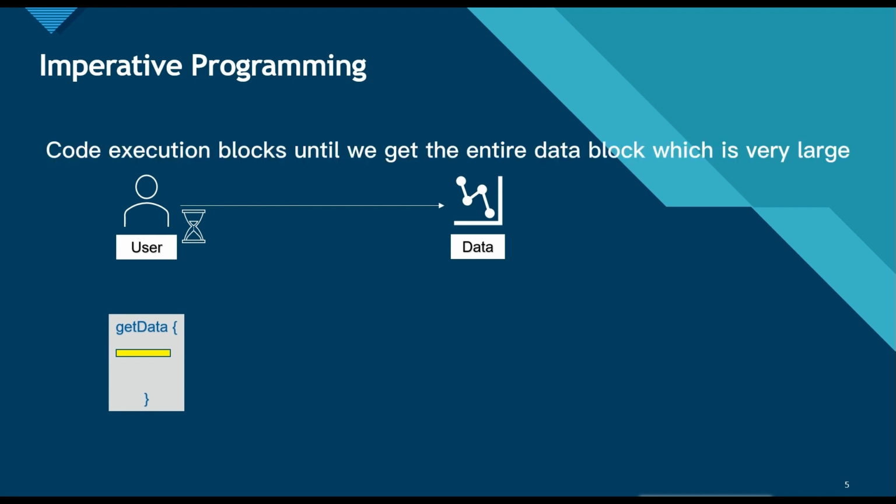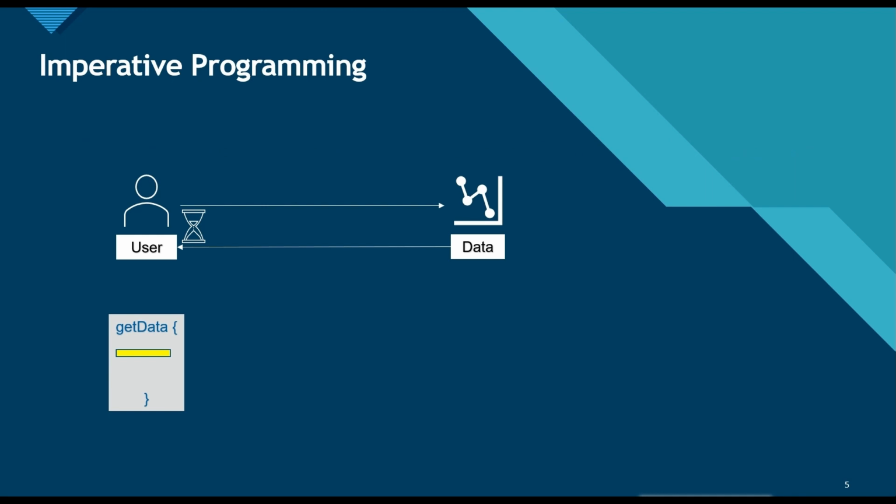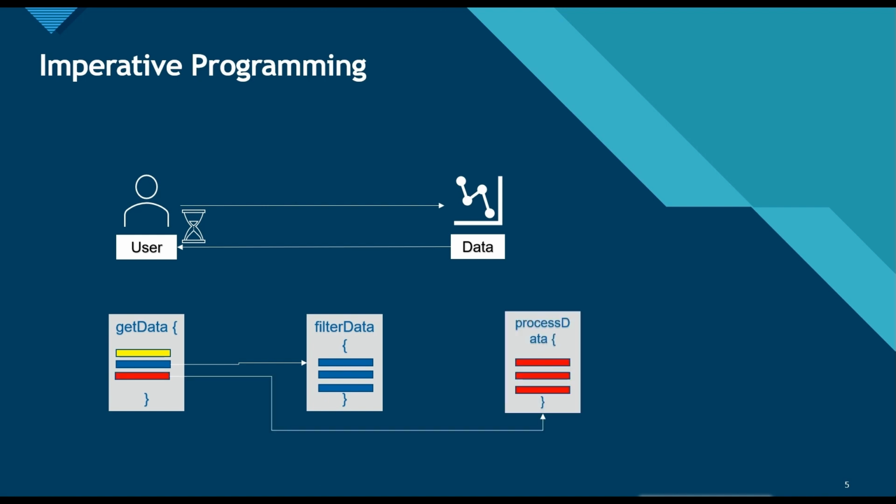The thread goes into the waiting state as this is an input output operation. Once the data is returned from the data source, the code execution is resumed. Now the code can do some other operations, like performing filter operations on the data retrieved from the data source, and might process the data to finally return it to the user.